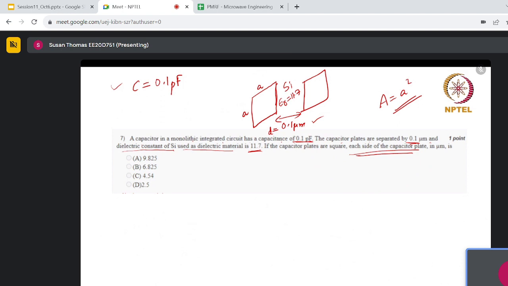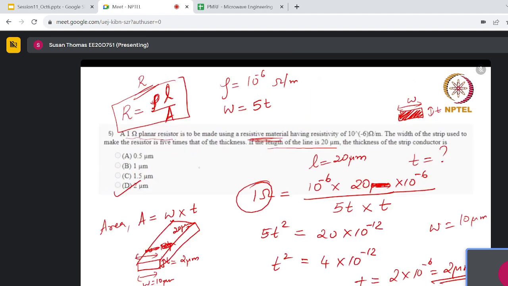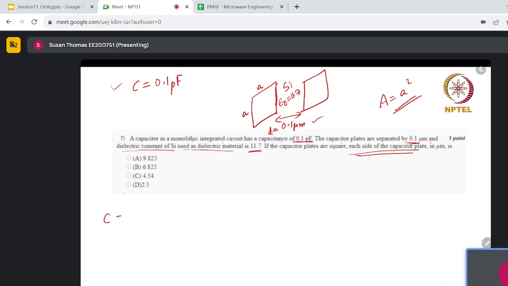To understand this, use the fundamental equation. Again, in the resistor we used the fundamental equation rho L by A. Similarly, look at capacitance: epsilon 0, epsilon r, A by D. Epsilon r is the relative permittivity of the material used as the dielectric, A is the area of the plate, D is the separation, and C is the capacitance to be realized.